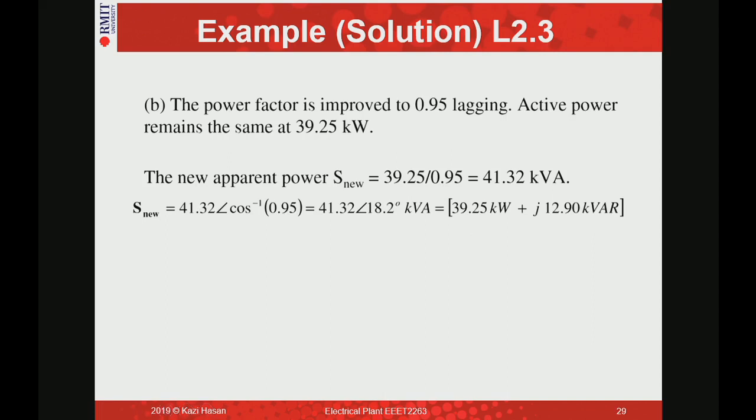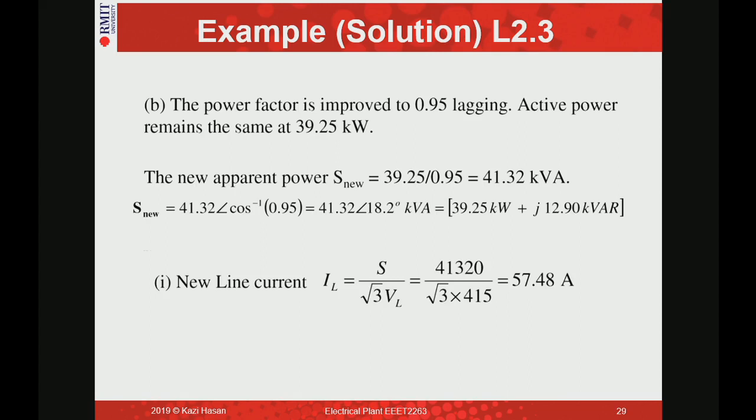Our real power remains the same, but what is our reactive power? Our reactive power is 12.90 now, and before, it was something else. So we have to calculate how much reactive power we need to provide more.